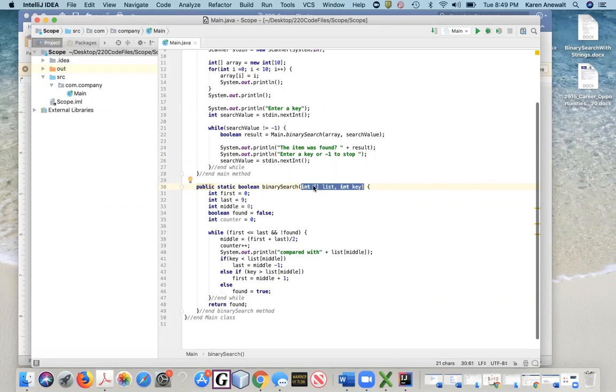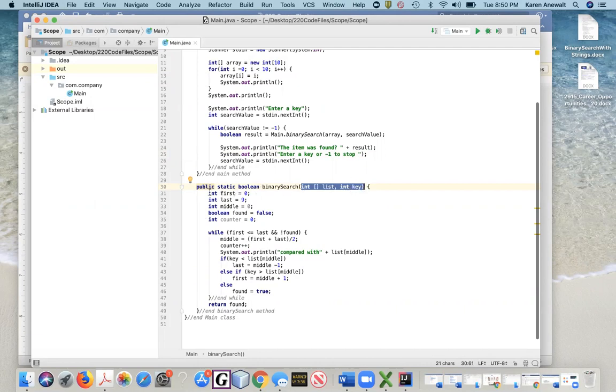So in my program, the binary search method takes two parameters. They're called list and key. And those are the placeholder values that I used in my binary search algorithm to indicate the array of information that we're looking through and also the key value that we're looking for.